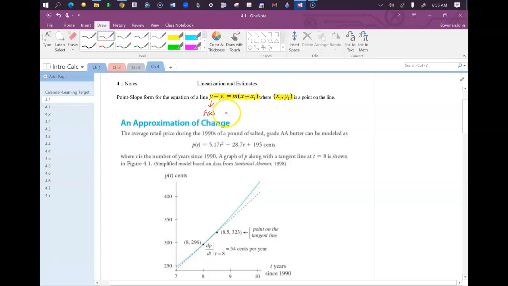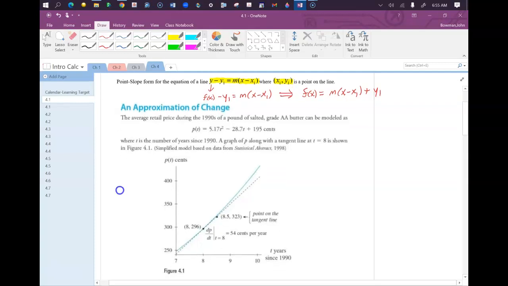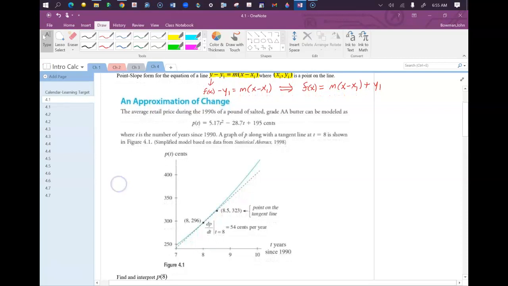So f of x minus y1 is equal to m times x minus x1, and we solve for f of x: f of x is equal to m times x minus x1 plus y1. Basically we're going to use that idea to estimate the value of a function near the point where we find the tangent line.